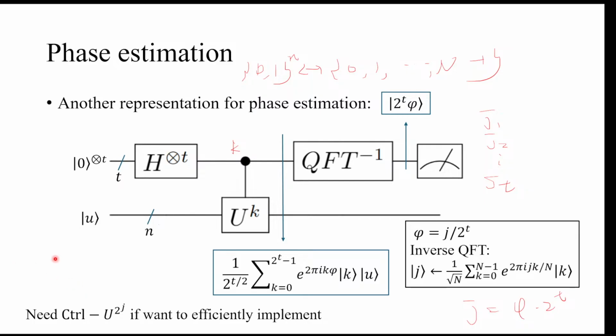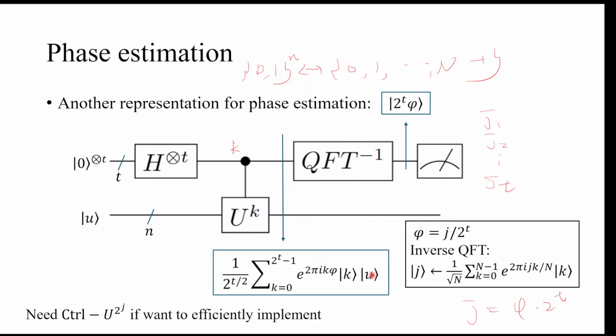This notation is nice because then we can write what this thing is very simply. It's a summation over all possible k, and each application of U gives e to the 2 pi i phi, and you have k times, so e to the 2 pi i k phi, and the state.